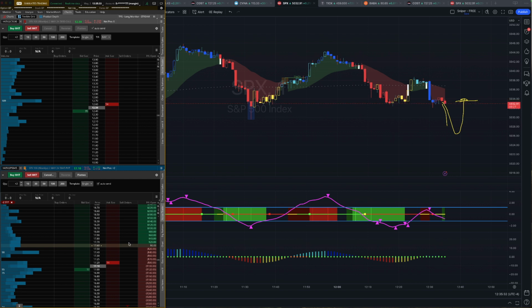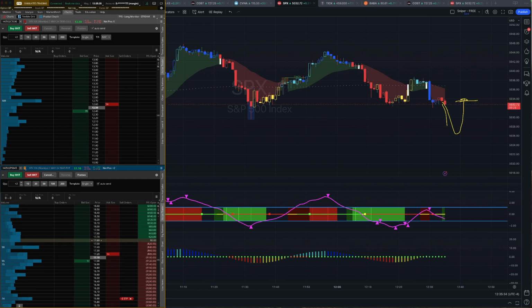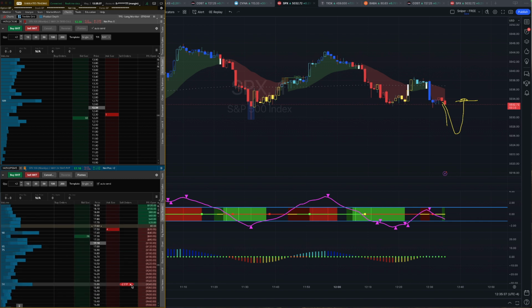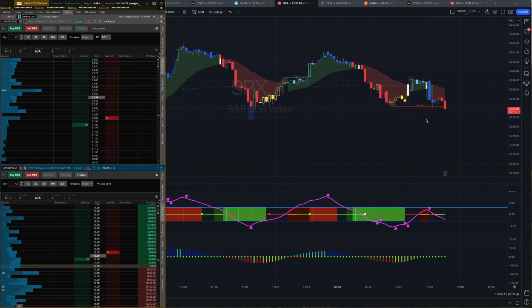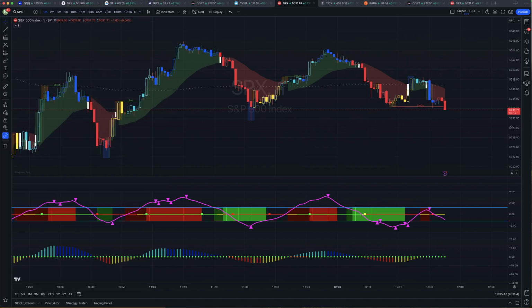Okay, so this is going to start moving a little bit, maybe. And again, I'm not recommending this trade. This is another example of this change of character. So let's say we had gotten a good, more clean signal like this up here, right?